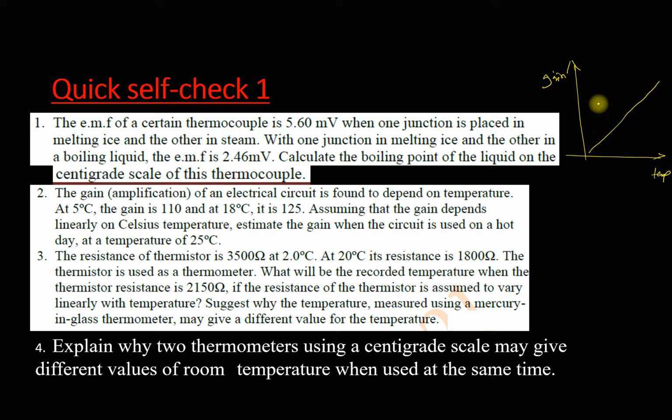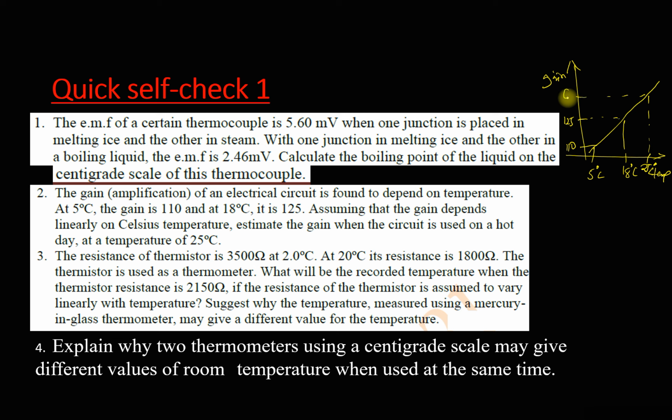So let's say at 5 degrees Celsius, the gain is 110. Then at 18 degrees Celsius, the gain is 125. Then at 25 degrees Celsius, because 25 is higher, I'll put 25 here, so the gain should be higher.